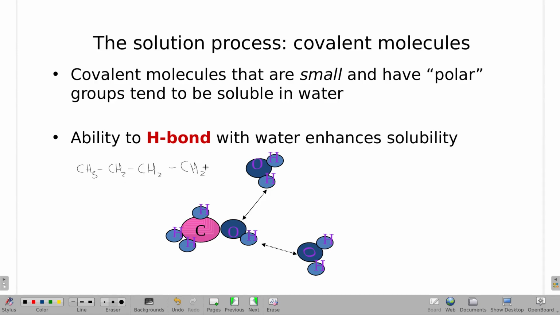It still has an OH on it, and it does make hydrogen bonds, but the other end is nothing but nonpolar carbon chain, and that part of the molecule only wants to do London dispersion forces, and it's not compatible with water. Turns out butanol is not as soluble in water as methanol.